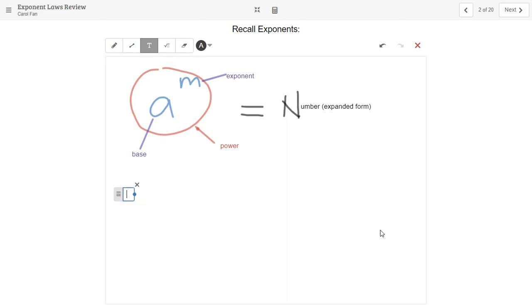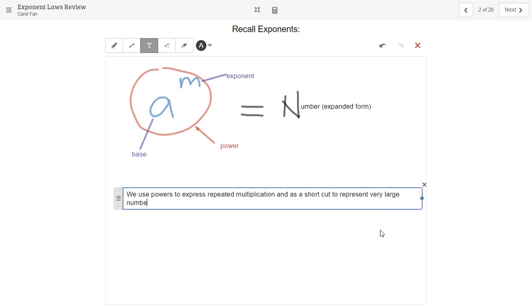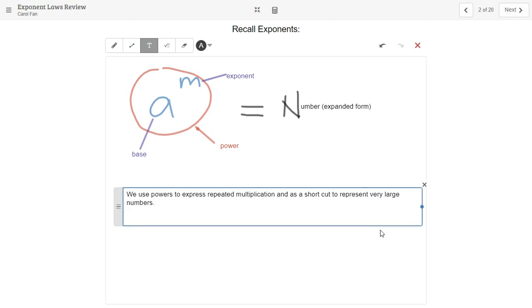So, one of the purposes of having an exponent is to represent large numbers, and it's a short way to write it. Another reason we use powers is to express repeated multiplication. And as I said before, as a shortcut to represent very large numbers. Now, when I say this is repeated multiplication, this is the repeated multiplication of the base.